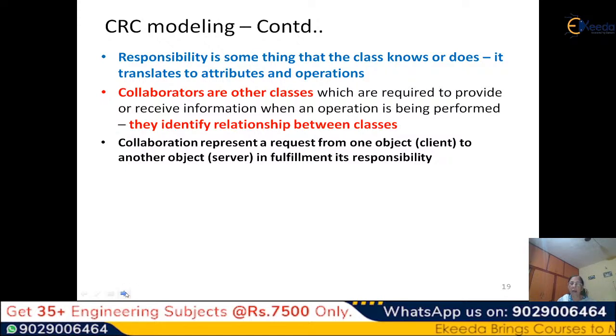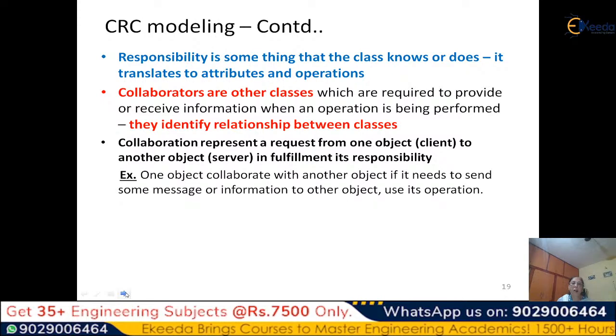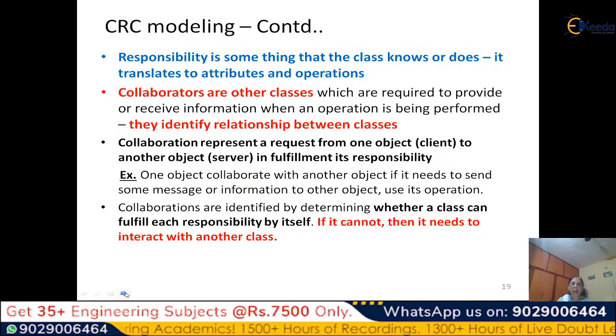Like what we do in our class implementation, we send a message and try to do an operation of another object. So one object collaborates with another object if it needs to send some message or information to the other object to use its operation. So that is a very simple case of a collaboration.